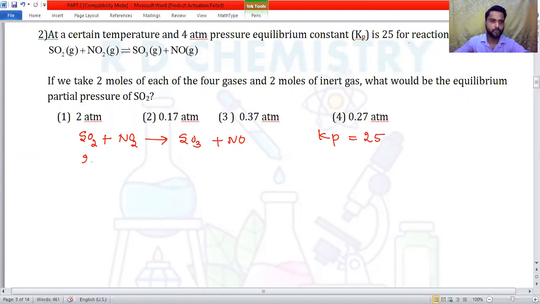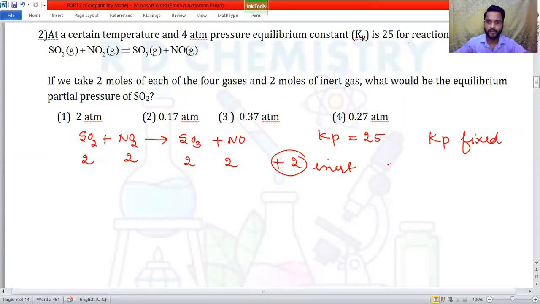Now we'll start with 2 moles of each of these gases. Also introduce 2 moles of the inert gas. Inert gas does not react with any of these gases. Also, temperature is fixed. When the temperature is fixed, Kp is also fixed, it does not change. Kp value can change when the temperature changes.